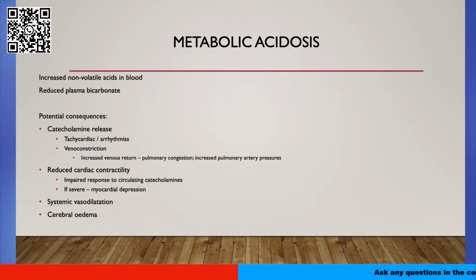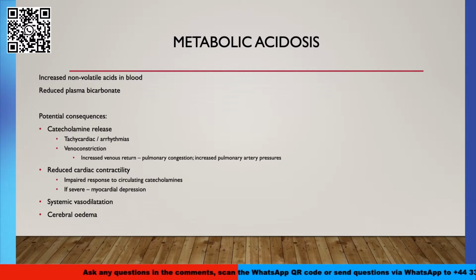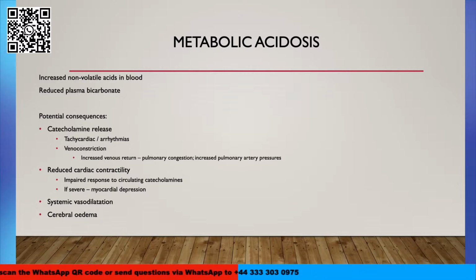So venoconstriction will then increase your venous return, and that runs the risk of causing pulmonary congestion and increasing your pulmonary artery pressures. You may get reduced cardiac contractility, and this may be an impaired response due to circulating catecholamines. However, if it's a very severe acidosis, it may cause myocardial depression. You can also get systemic vasodilatation and cerebral edema.